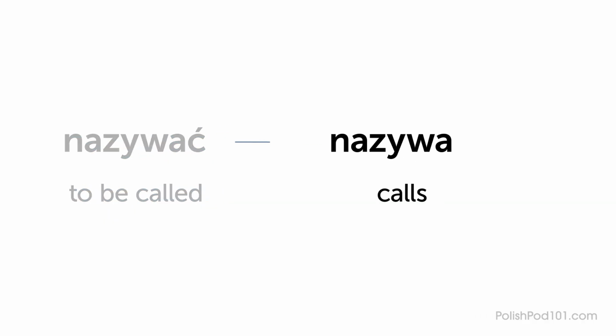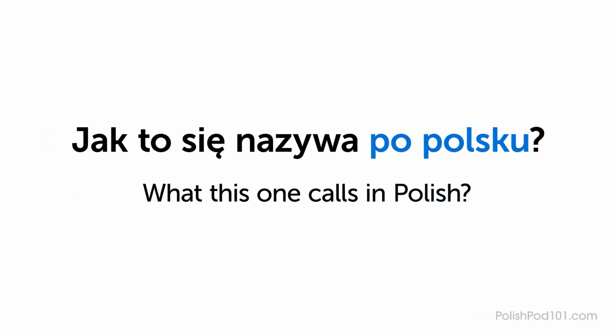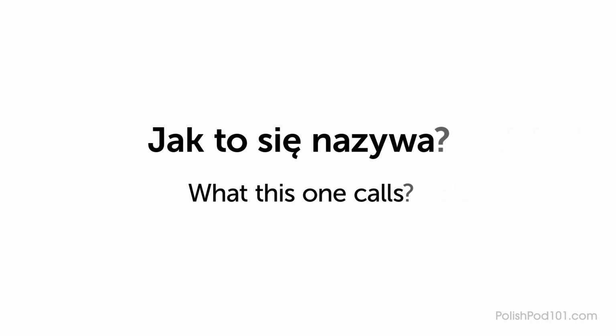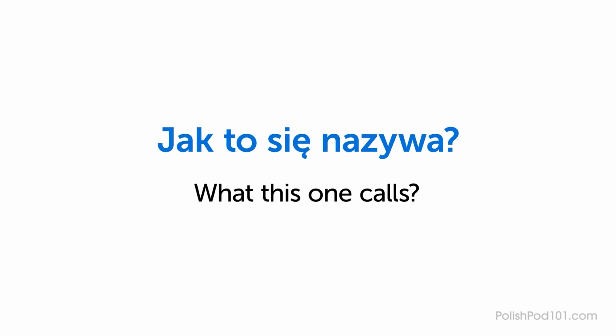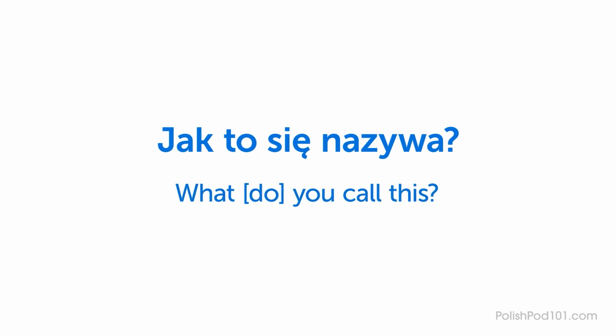Note, Po polsku, in Polish, may be omitted if understood from context. Altogether, Jak to się nazywa? literally, what this one calls, but translates as, what do you call this? This is a very useful pattern for using Polish to learn Polish. Remember this phrase. You'll need it later in the lesson.